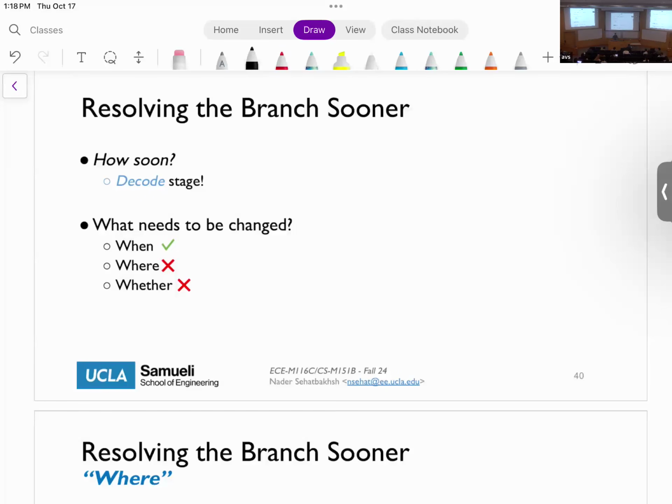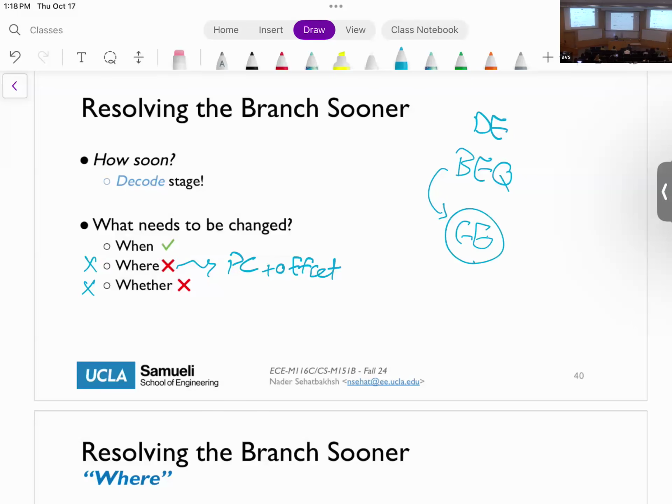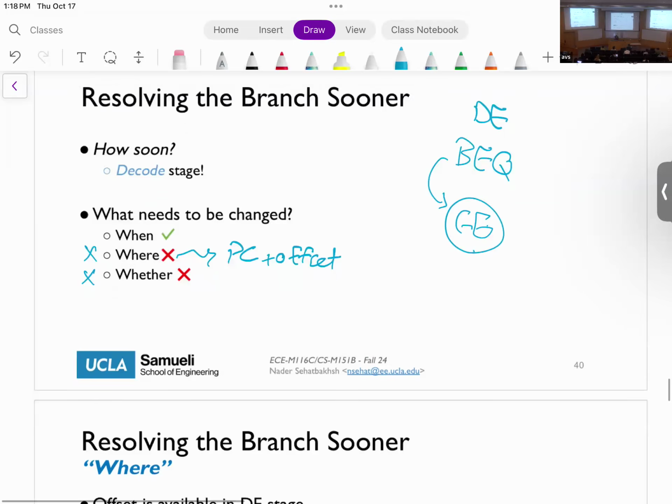That part is great. But there are two other problems that I need to solve. I need to answer the where and whether questions, specifically where, because where is PC plus offset. Once the branch is in the decode stage, I want to be able to fetch the next instruction, which is PC plus offset, and put it in the fetch stage. Okay. So that's the problem that I'm dealing with now.